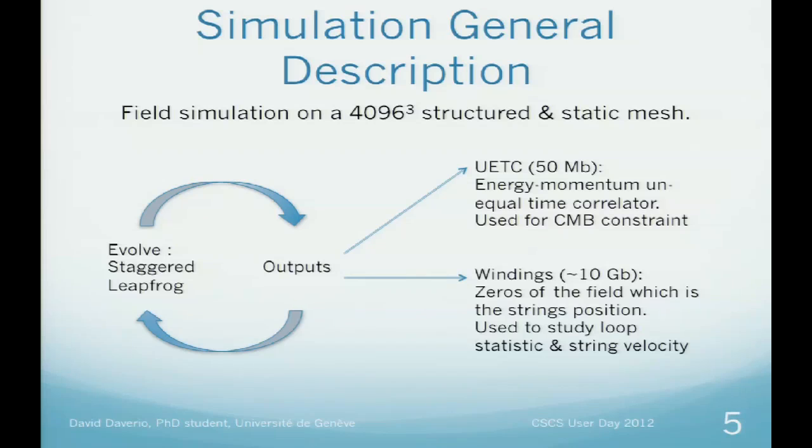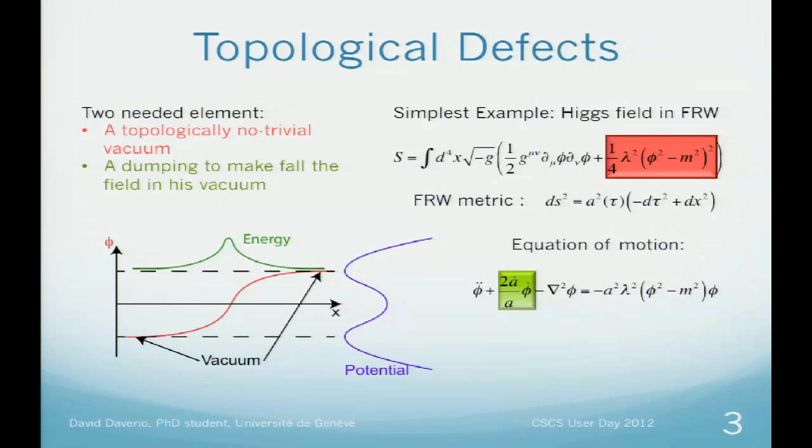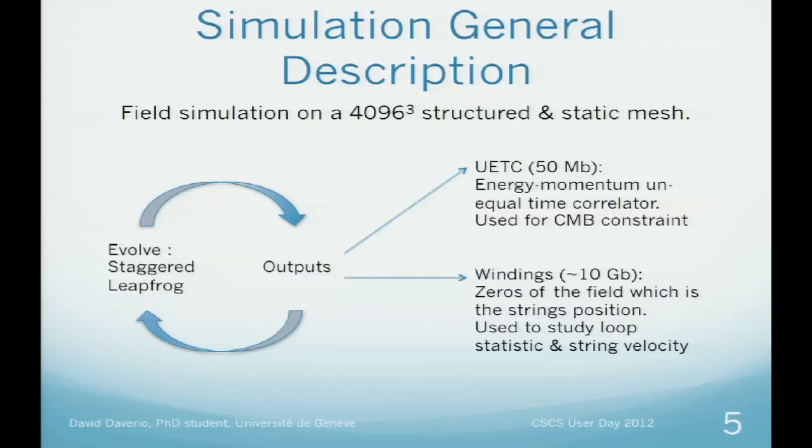The second output is what we call the windings. It's basically the zero points of the field, and as we see in this picture, the zero of the field here is the topological defect. So we only save the position of the topological defect. We did it because before we were saving the energy density, which gives exactly the same information, a bit more, but not so much.